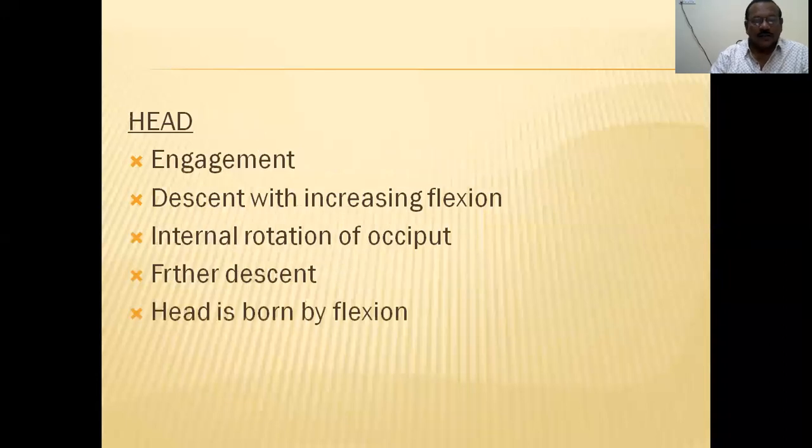Then the head gets engaged, with descent, increasing flexion and internal rotation of the occiput, and further descent, and the head is born by flexion. This is how, in breech, the breech, the shoulders and the head are delivered.